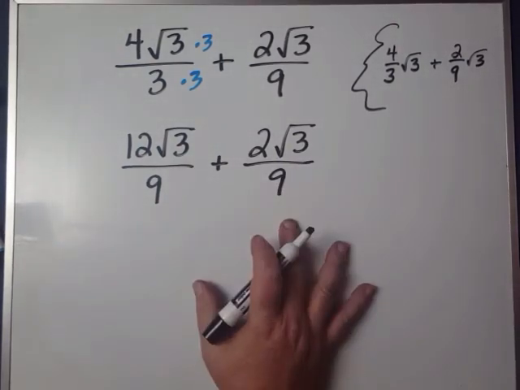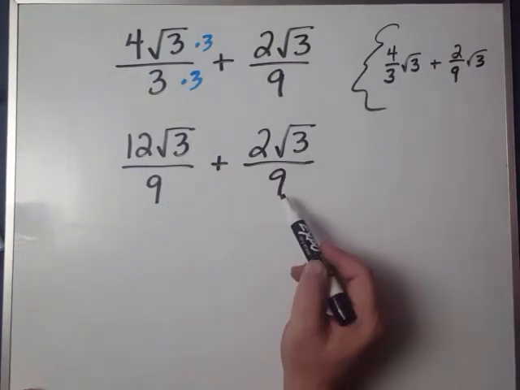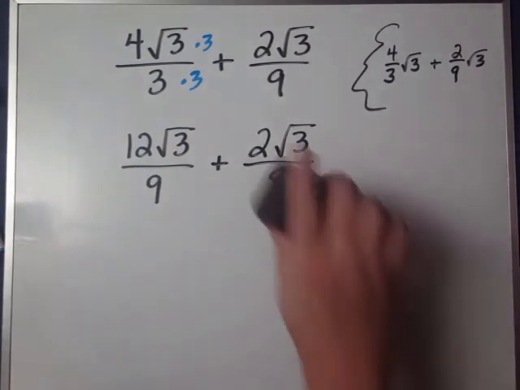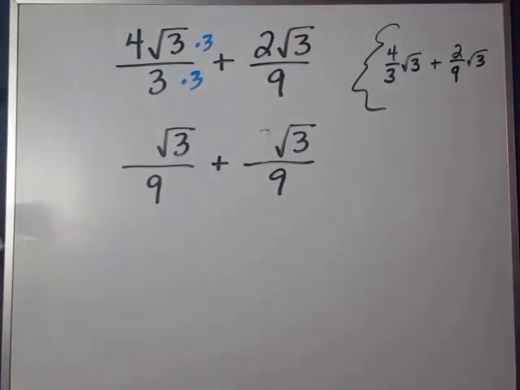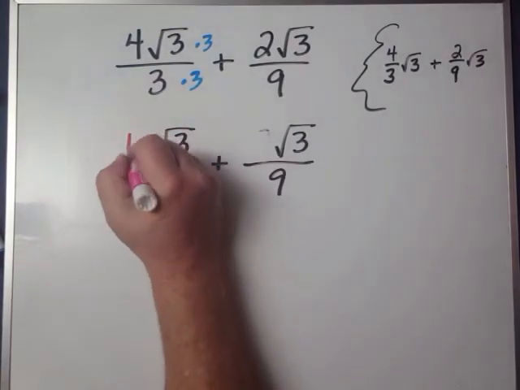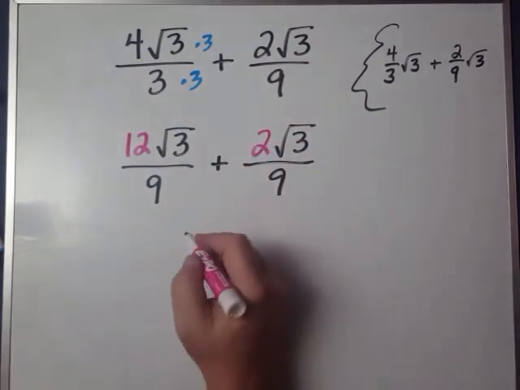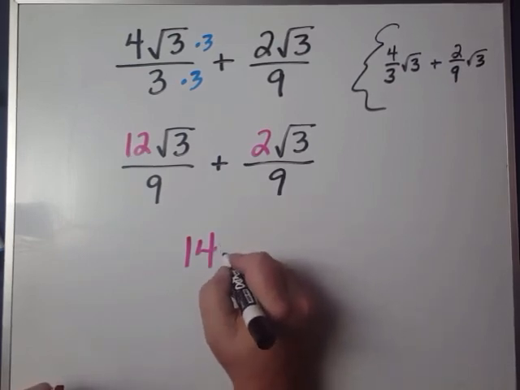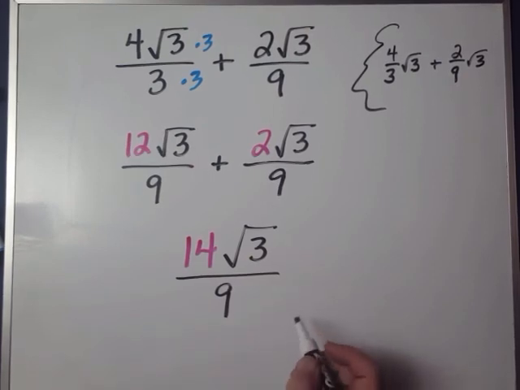See that these are like terms. See that they match in their radical and their denominator. So what do I really have here? I have 12 of them plus 2 of them, which is 14 of them. 14 what? 14 square roots of 3 ninths.